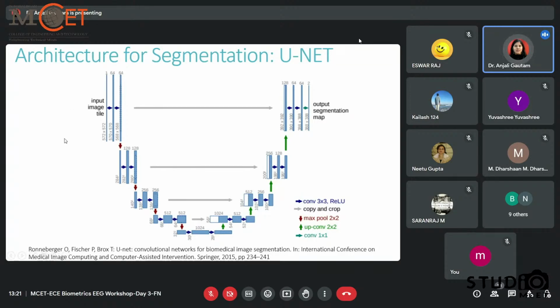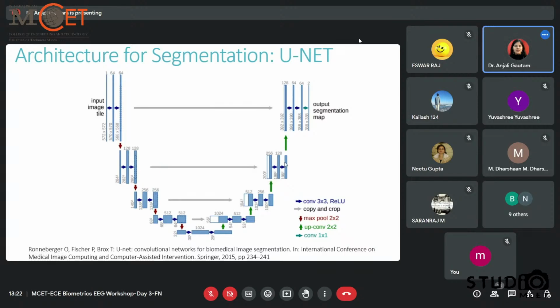Now some may ask, why not perform segmentation? Basically, segmentation requires two things: downsampling and upsampling. In this case we need to upsample the image. Like I told you, there is max pooling, so max unpooling is there. They have used the concept of max unpooling, and they also take information from the background: if some information is lost, you take it from the back.